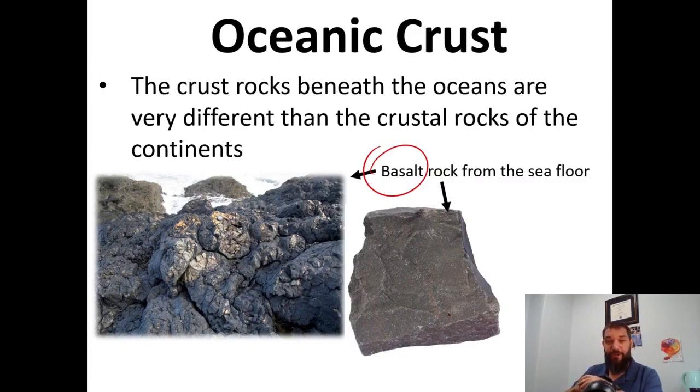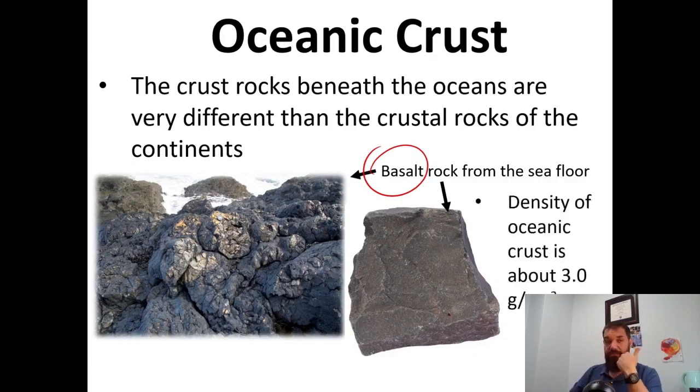Okay, it's just basalt. That's very different than the continents, because the continents have a lot of variation. There's limestone, there's sandstone, there's rhyolite, there's granite, there's everything there on the continental crust. But basalt, that's the ocean crust. Okay, ocean crust is really kind of boring. I feel sorry for geologists that have to study the ocean crust, because I think it's a really kind of boring kind of rock.